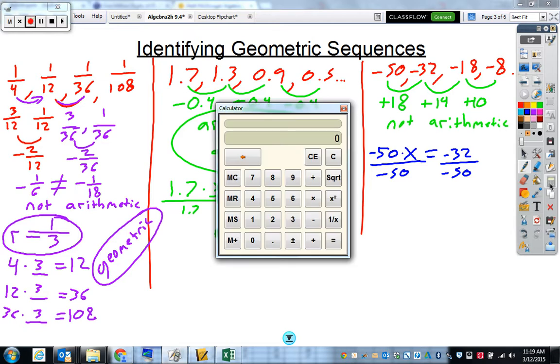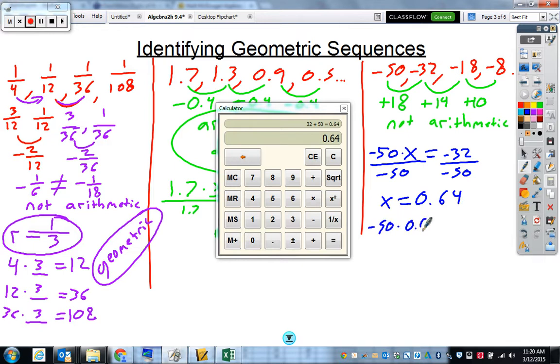Negative 32 divided by negative 50 is 0.64. Okay? So that means negative 50 times 0.64 equals negative 32.